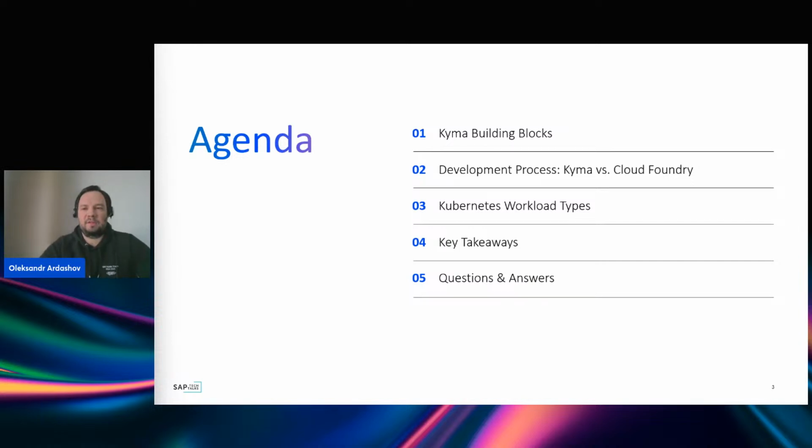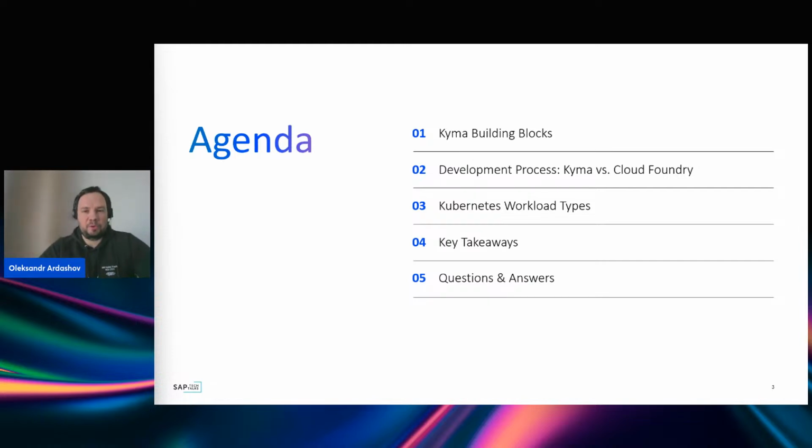And our agenda today, let me start from the very end. Basically, as we know, there are some environments available on the SAP BTP platform, and there is always a question of where to use, how to use, and what to use. And today we will try to answer the question of what to use and where to use.